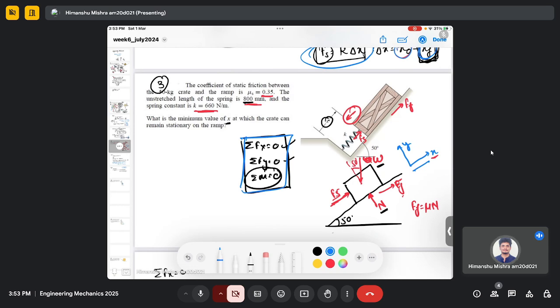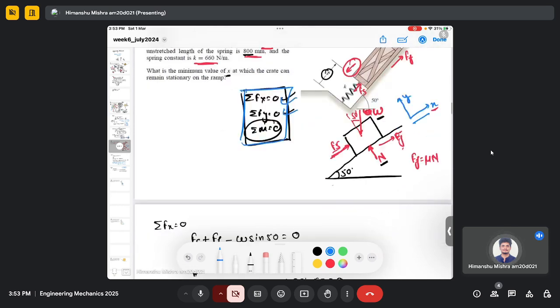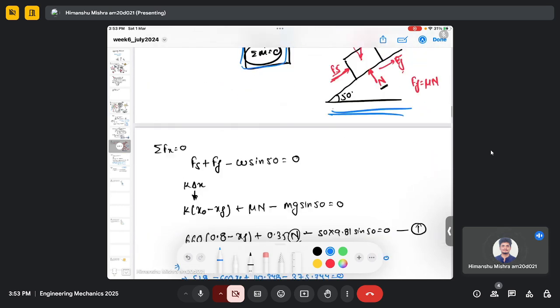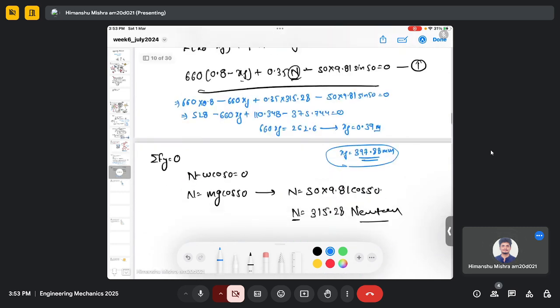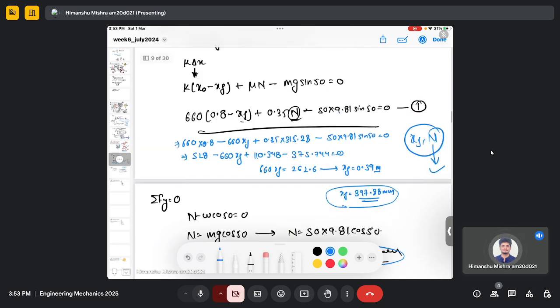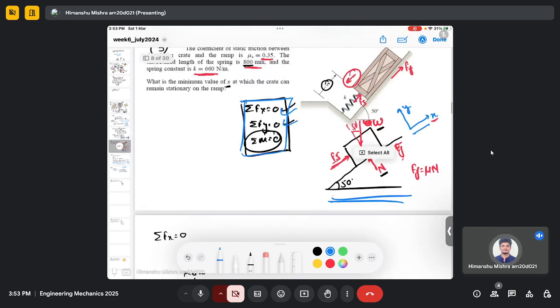We balance the force in x and y direction after making the free body diagram. From the second equation we determine N, because we got two unknowns here, xf and N. Then from equation 1 we determine xf. So you can see that all of this problem can be solved by a single concept.